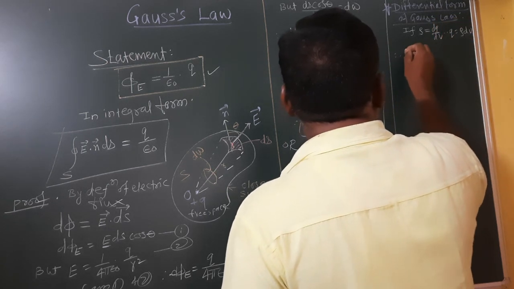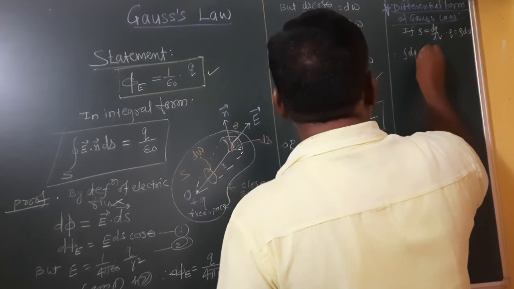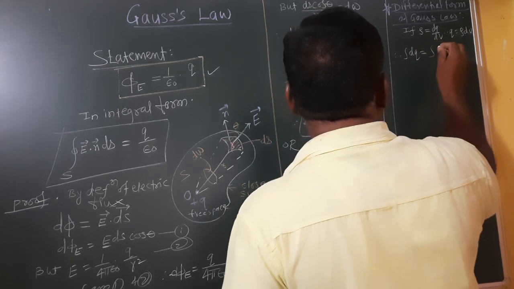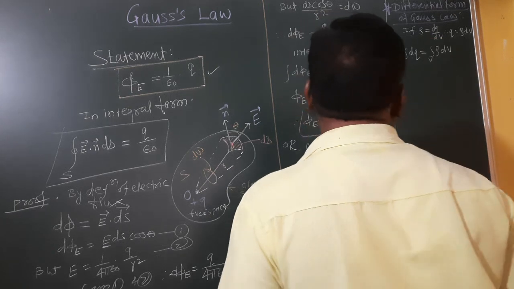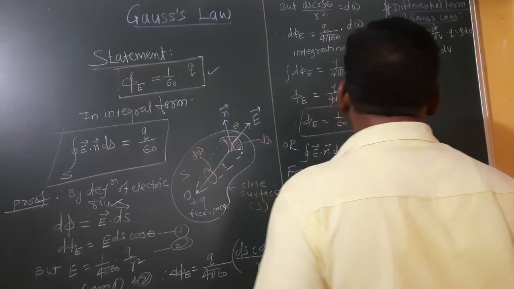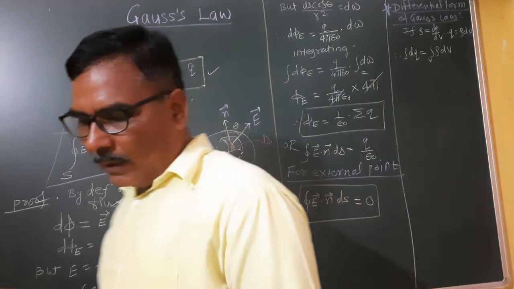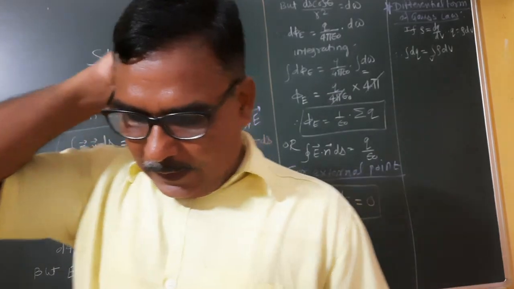Therefore, integration of dq is equal to integration of rho into dv over the volume V. This is the volume charge density we consider for the net charge q.